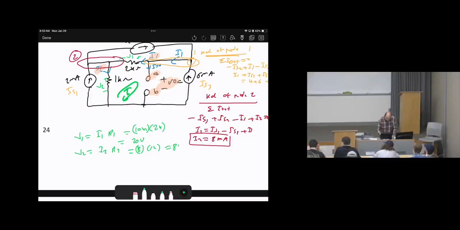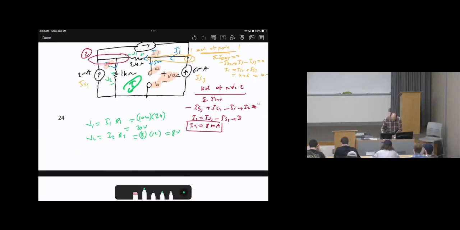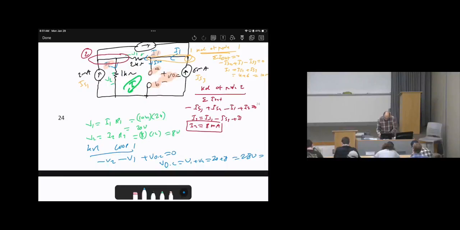So the answer will be 8 volts. After that, we can do the KVL, loop 1, which is going to be negative V2, negative V1 plus V open circuit equals 0. Therefore, V open circuit equals V1 plus V2, 20 plus 8. So it will be 28 volts, or in other words, this is V open circuit.